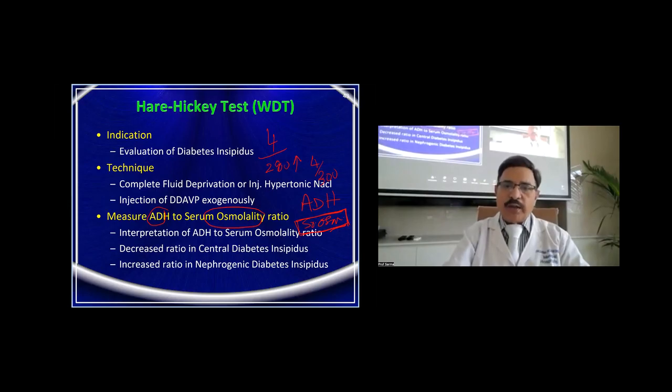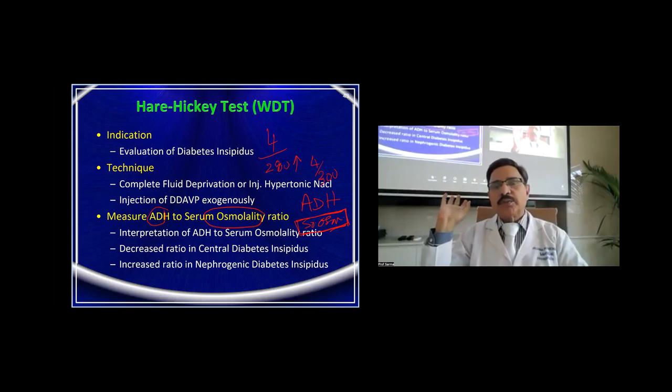If the ratio is less, it means it is central diabetes insipidus. If the ratio is more, that means serum osmolarity has not changed, and that is nephrogenic diabetes.